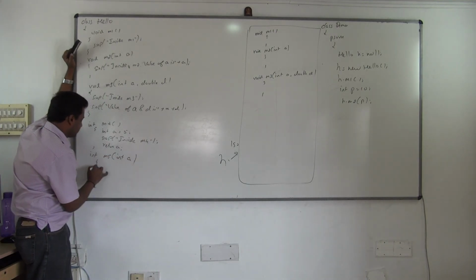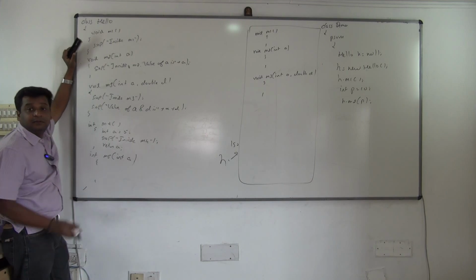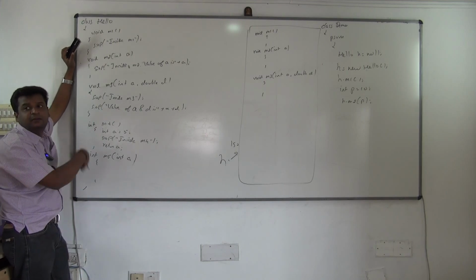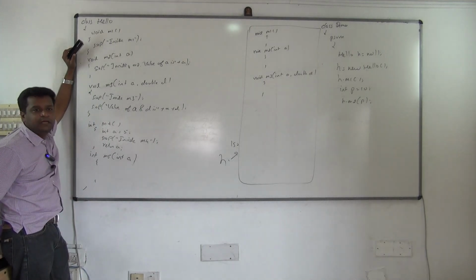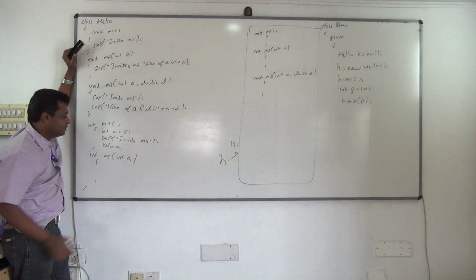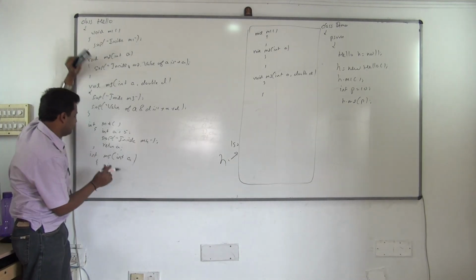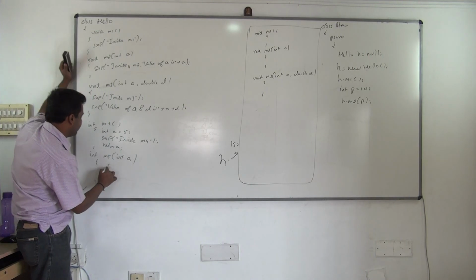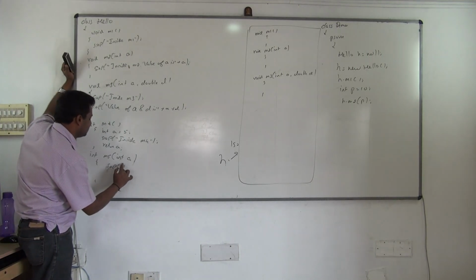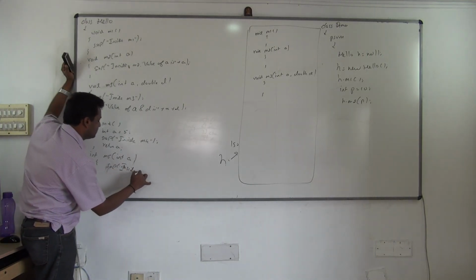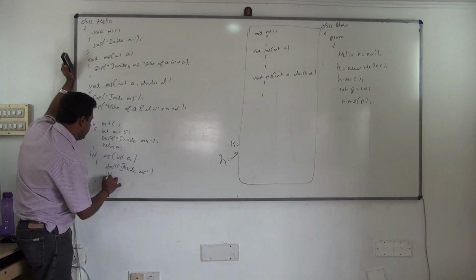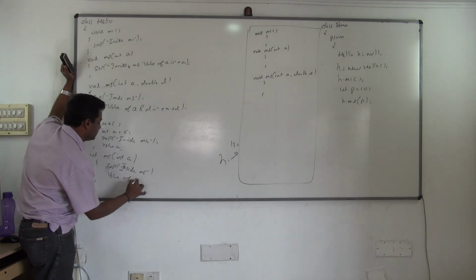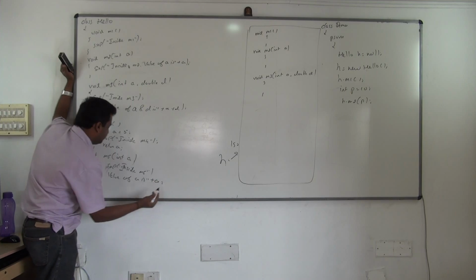Int M5, int a, valid now. Parameter should be of type int, return type should also be of type int. So how will I write? SOP inside M5, value of a is plus a.